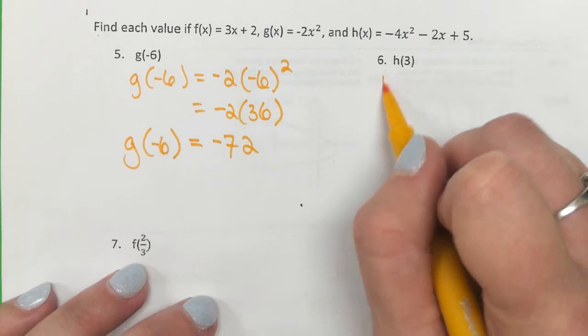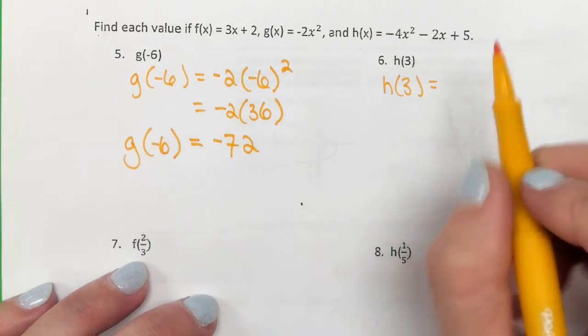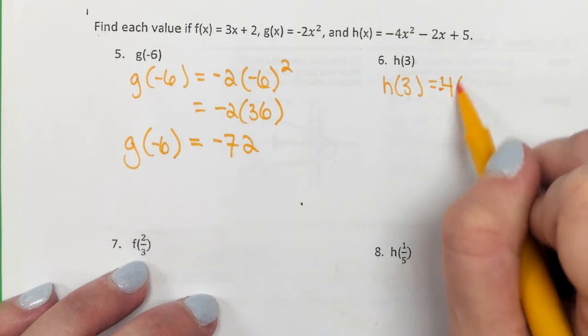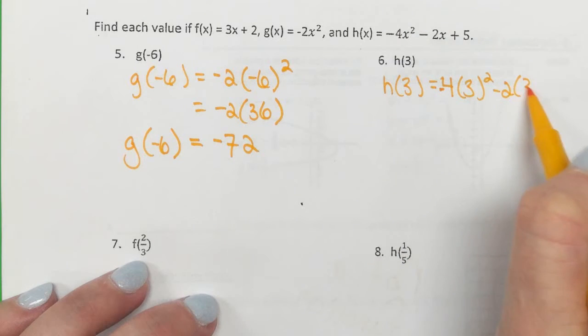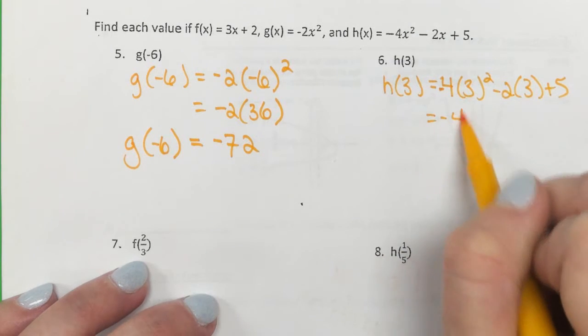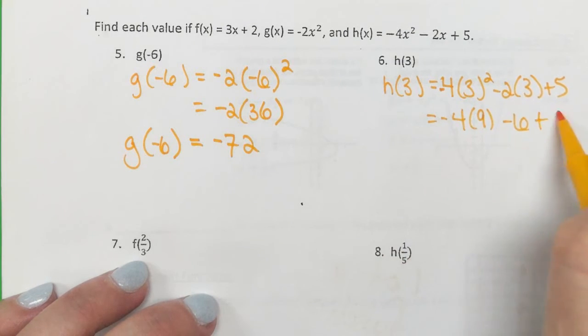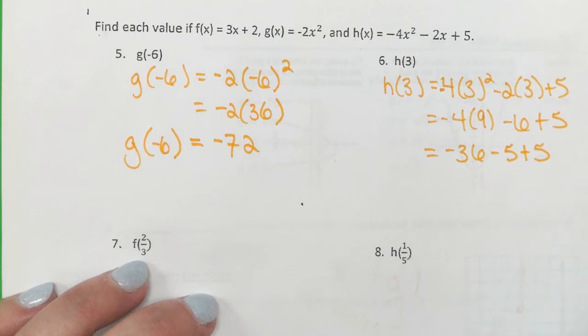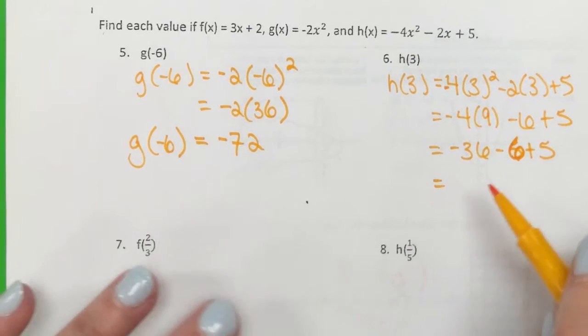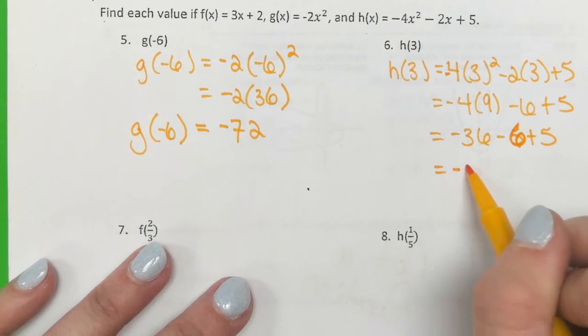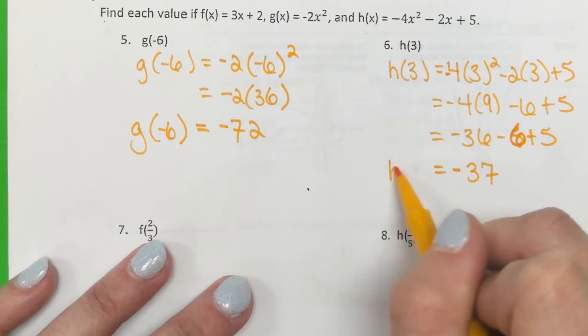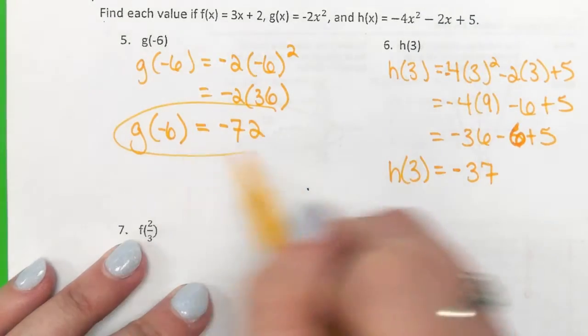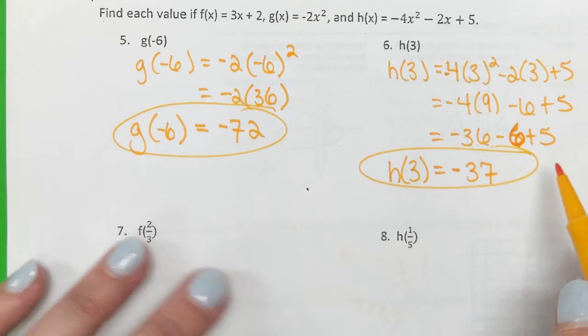All right, what about the next one? What'd you get? Negative 36. So let's see. Okay, so you got negative 4 times 9 minus 6 plus 5. Negative 4 times 9, negative 36. Oh, gosh. That's negative. How much did you get? Negative 37.